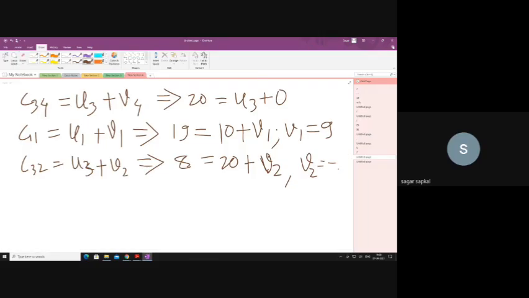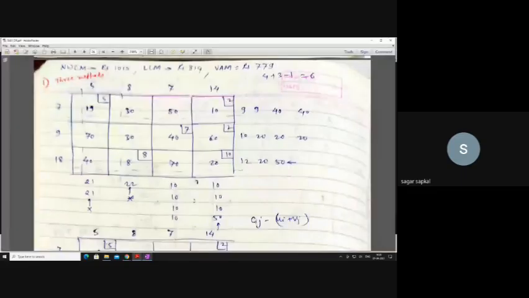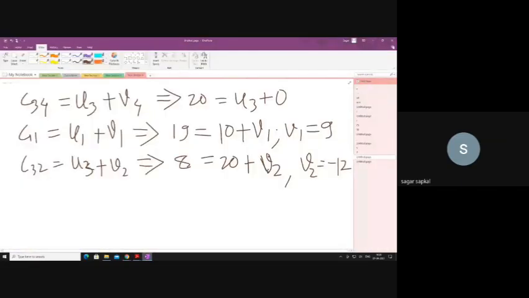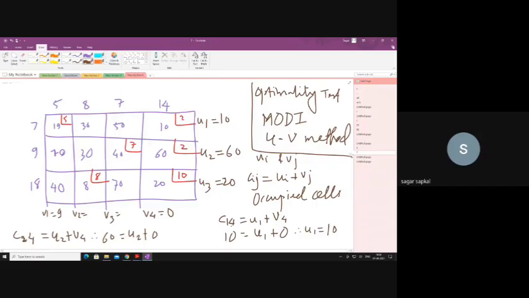फक्त कॅल्क्युलेशन बरोबर आहेत का बघा. सर आपण C12 घेऊ शकत नाही का? C12 नाही घेऊ शकत कारण तो ऑक्युपाइड सेल नाही आहे. Cij is equal to Ui plus Vj फक्त ऑक्युपाइड सेललाच इक्वेशन लिहू शकतो. ओके ओके.